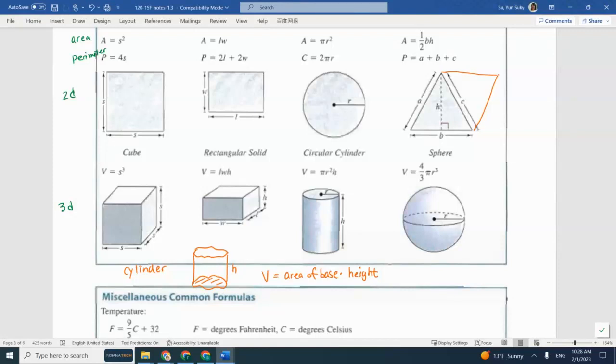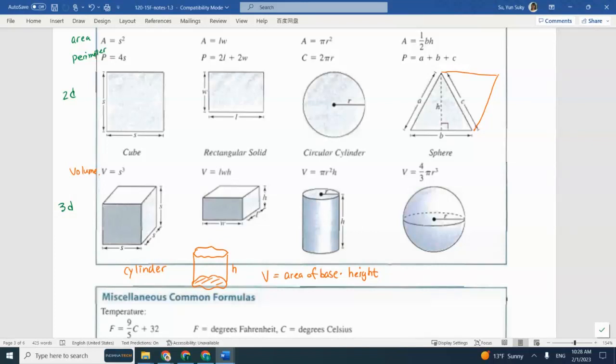Okay, everybody? So, yeah, V is volume. Therefore, area base, that's the square, x squared, height is x, so x cubed. That's why we call it cube, x cubed. Rectangular solid, area base, length times width, and then times the height.